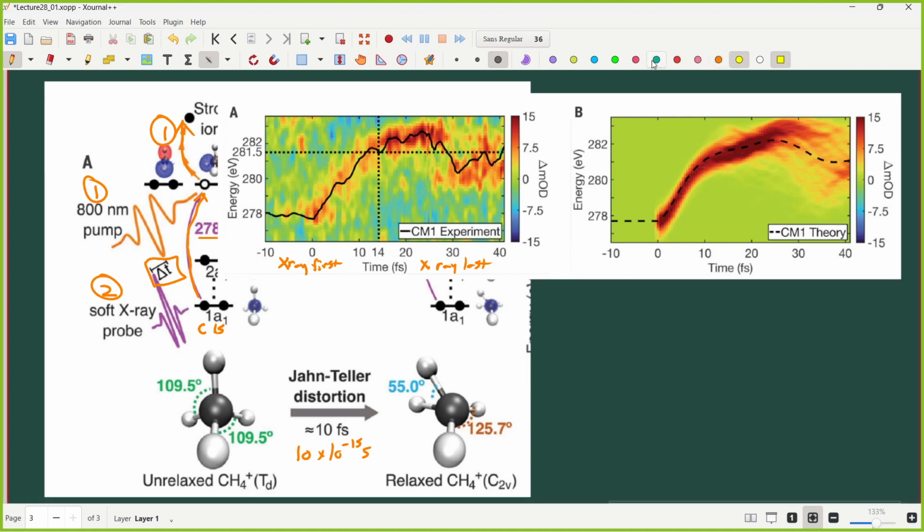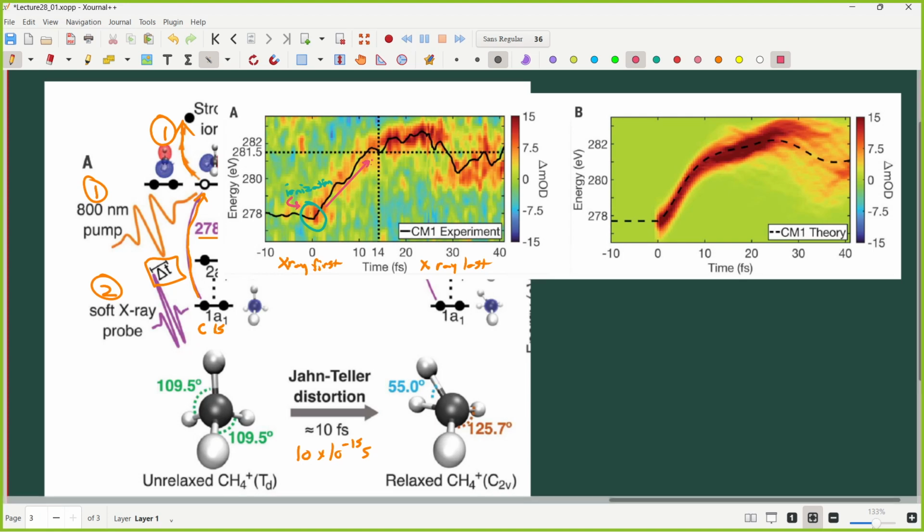Right, so let me just write that. This is X-ray, this is ionization. This is ionization here. Right, and what happens as the X-ray gets later and later, the absorption frequency rises.